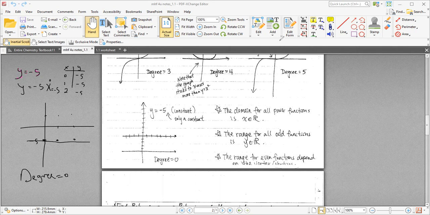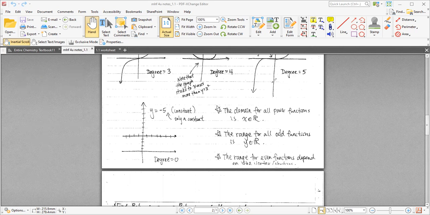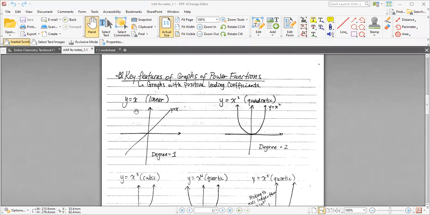Okay, so for the domain and range, I'm going to do the domain and range for a couple of these. So let's say for x, as you see, all of the positive values of x are covered here, and the negative values of x are covered here.